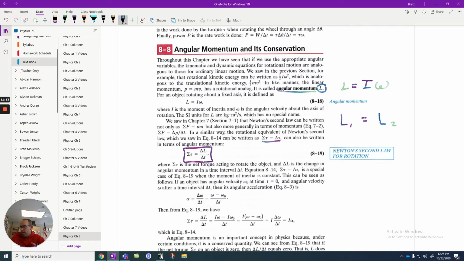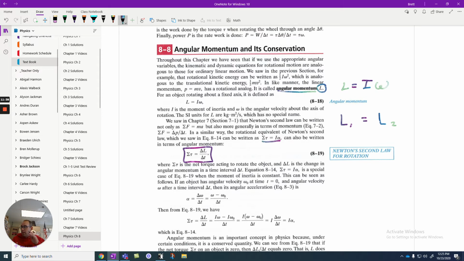Think of a merry-go-round, okay? You get on the merry-go-round and get it spinning really fast. Will it spin forever? The answer is no, because friction will slow it down. Or someone else can come and slow it down. So angular momentum is not conserved when there are those non-conservative forces from the outside. But if I were to stay in a frictionless environment, my momentum would absolutely be conserved. And this is really important for space travel.